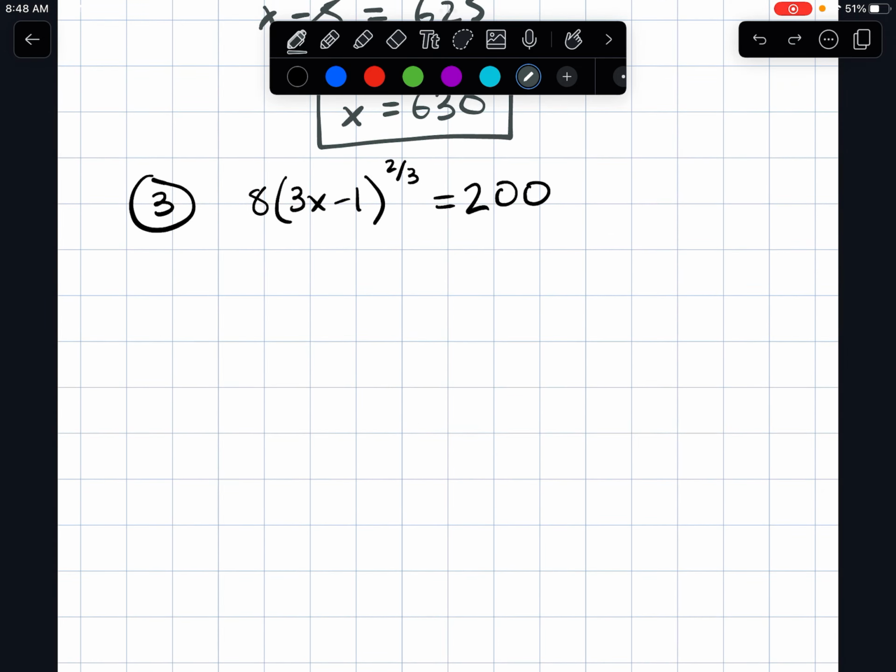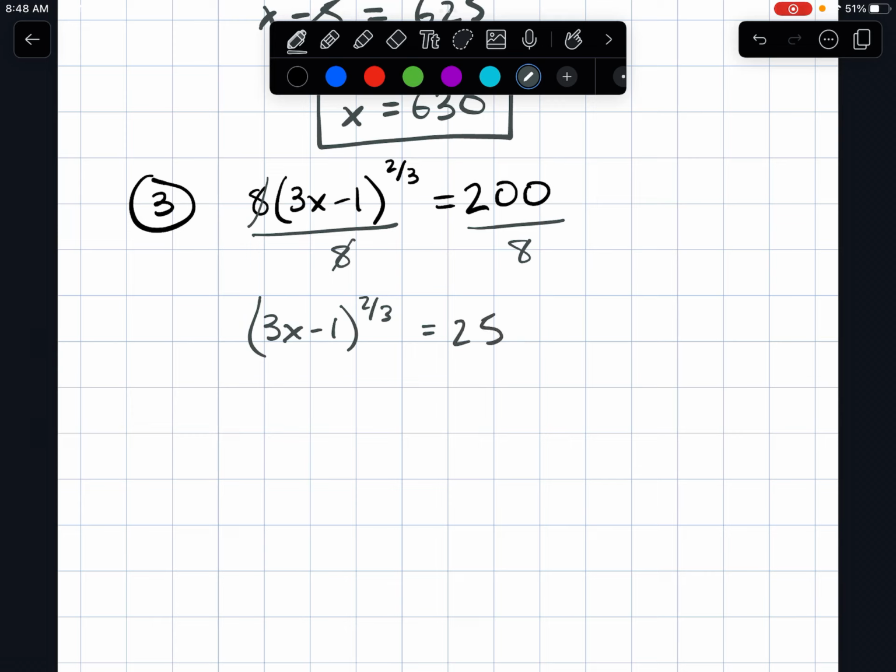All right, for question number 3, we're going to go ahead and again try to isolate this base and the rational exponent. So I'm going to start by dividing both sides by 8. We can cancel out these 8's here. That leaves me with 3x minus 1 to the 2/3 power. And we know that 200 divided by 8 is going to be 25.